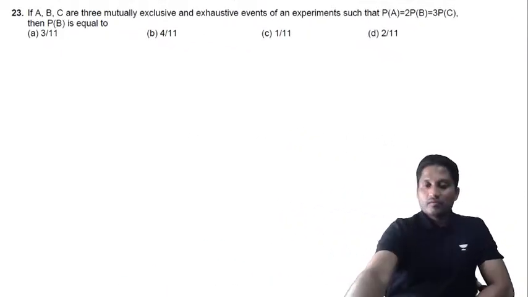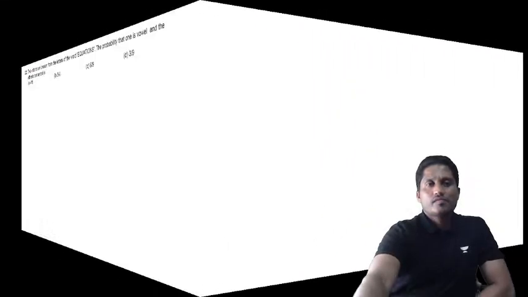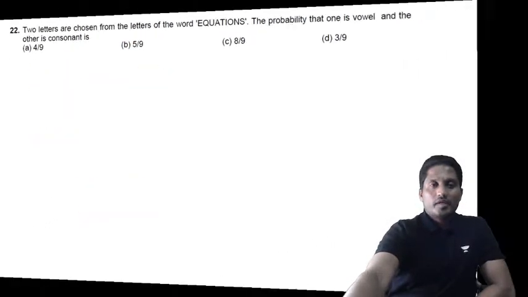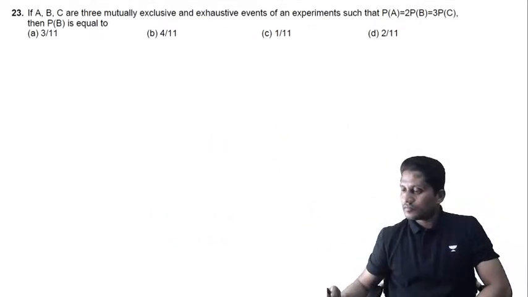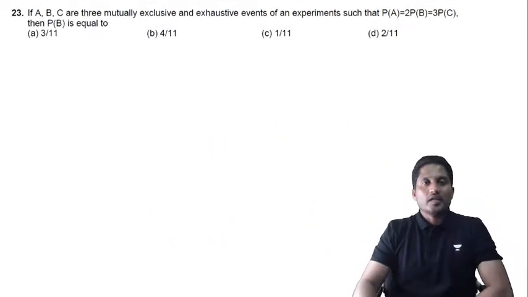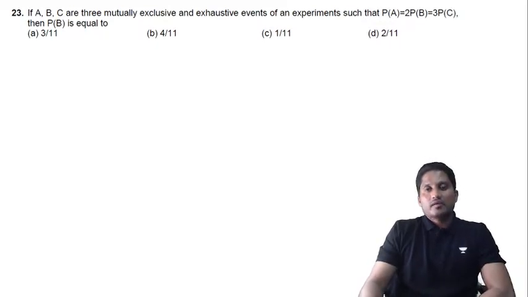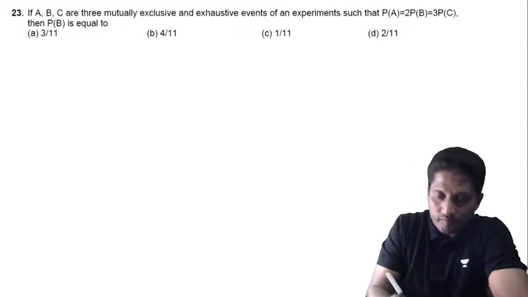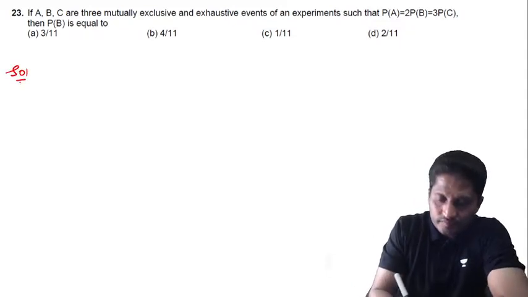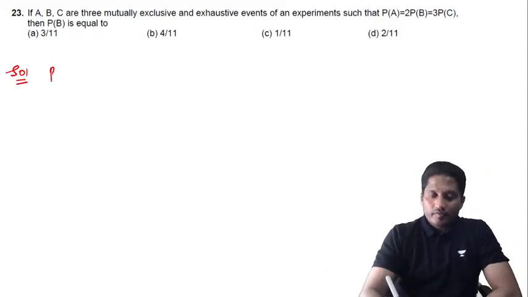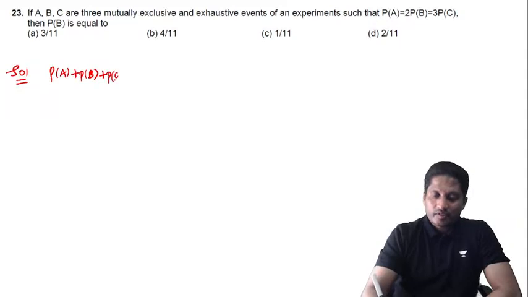Question number 22. I'm done with 22. Question number 23. ABC are 3 mutually exclusive and exhaustive events. This means that the sum of all probabilities should be 1, right? P of A plus P of B plus P of C should be equal to 1.